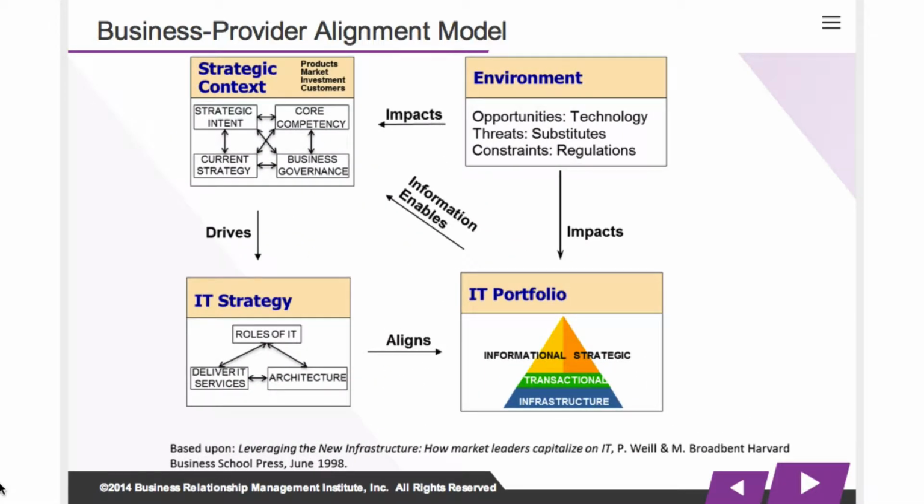Okay, we'll start by taking a look at the Business Provider Alignment Model. You can see it illustrated on your screen now. Before I describe this model in detail, I think it's worthwhile reminding you of the relationship of the service provider to its business partner. The provider exists to serve the needs of the business. Its purpose is to deliver value to the business in the form of services.